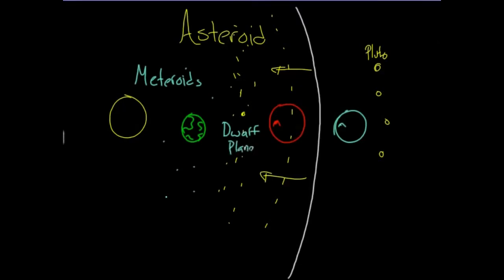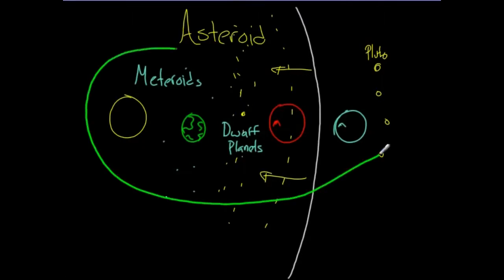And sometimes those trans-Neptunian objects, those objects past Neptune, will get dislodged and come in towards the inner solar system. When they do, they make this nice long orbit around the sun, coming way back out past Neptune at the end.